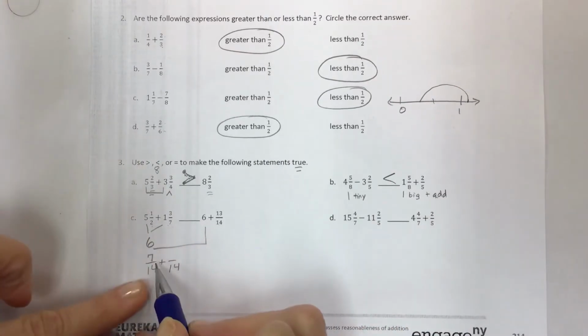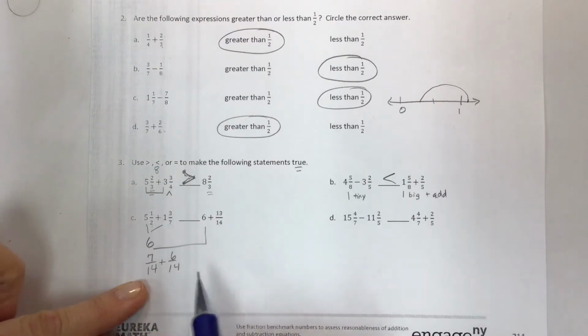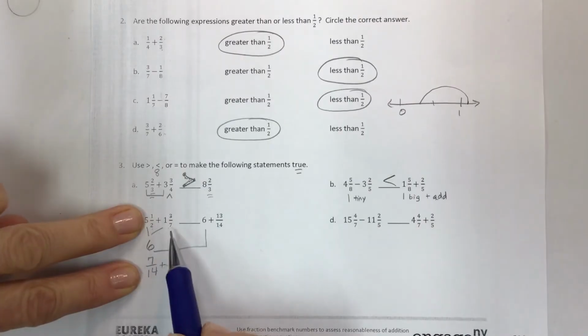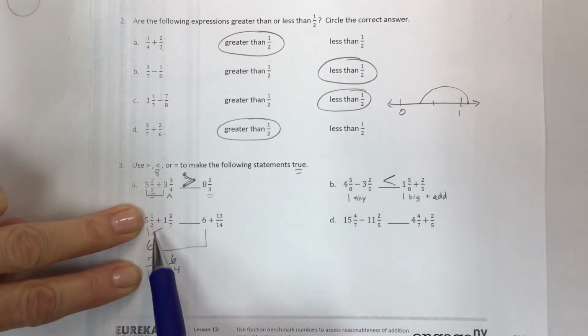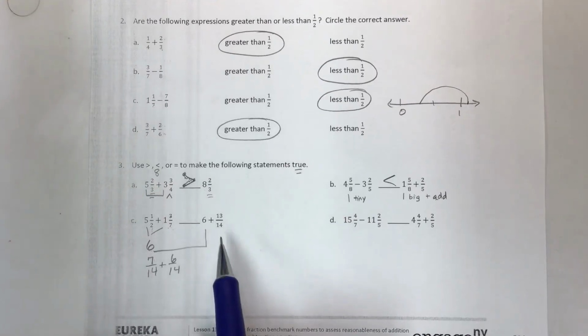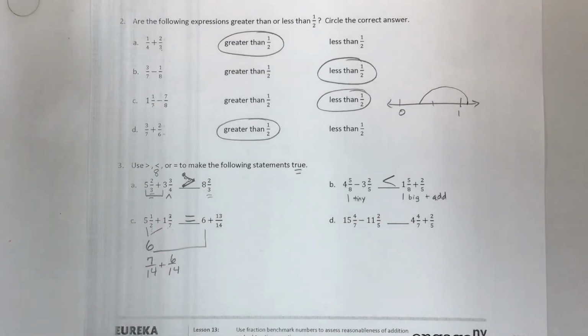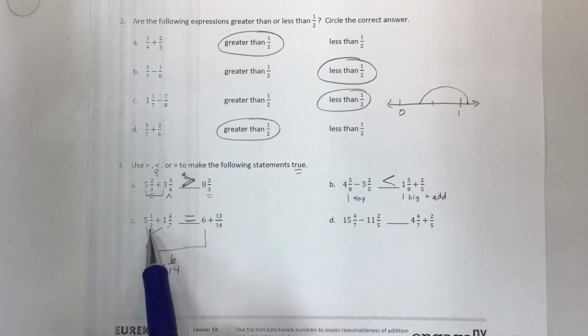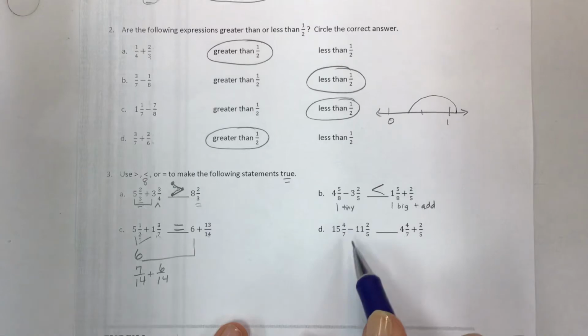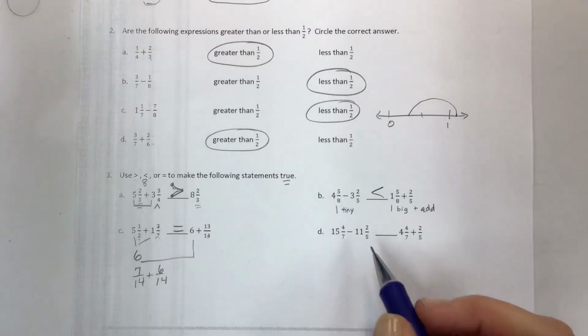If I have 7/14 and then 6/14 here for these, and how did I get them? Because I'm using the other number as the scale factor. Okay, so 7 here and then 6 here. I can see that I'm going to have the 6 and 13/14 on both sides. So you can put the equal sign for this one. Okay, so sometimes when you see that, yep, it's going to have that same denominator, you can go ahead and do a simple calculation.